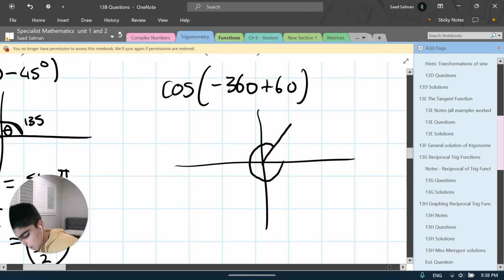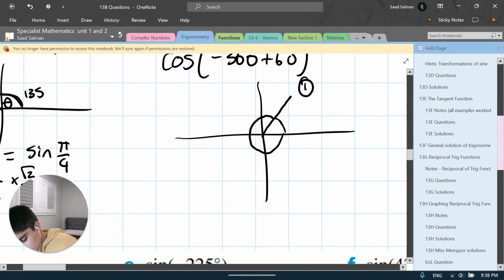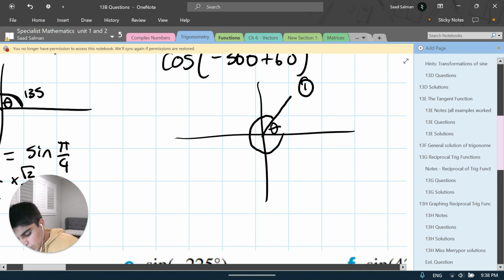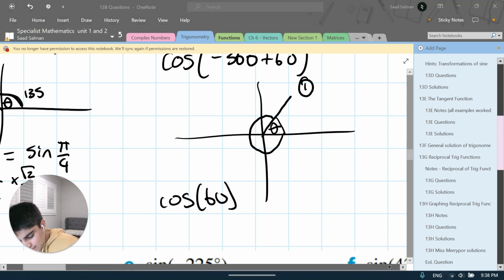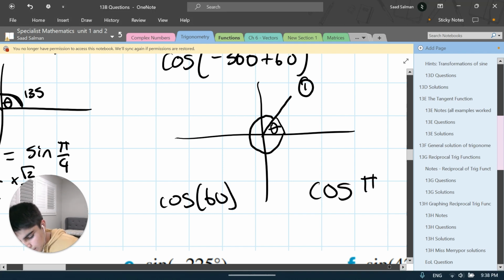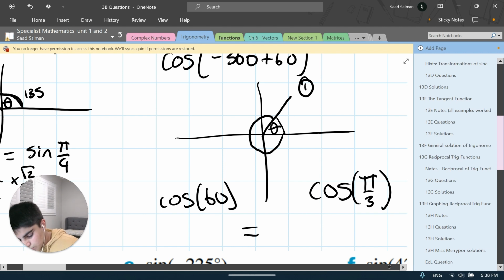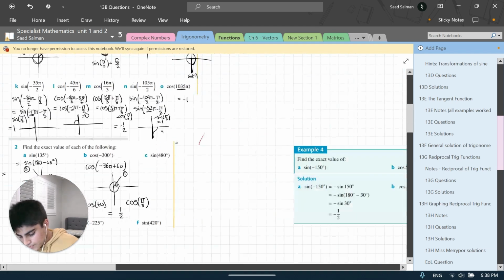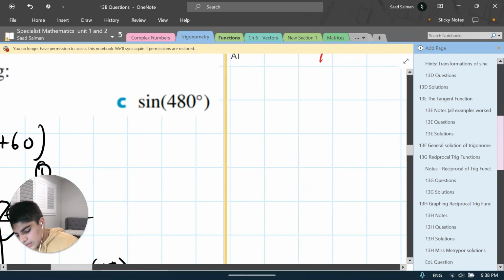Because cosine is positive in the first quadrant, the exact value is equivalent to cosine 60. Cosine 60 equals cosine pi on 3, which equals 1/2.